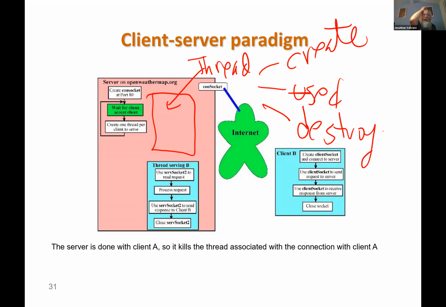That's what you should have gotten out of this animation. What event caused the thread to be created? How was it used? And what caused it to be destroyed? And that includes the server socket. So what created the thread and server socket, what used it, and what destroyed it?